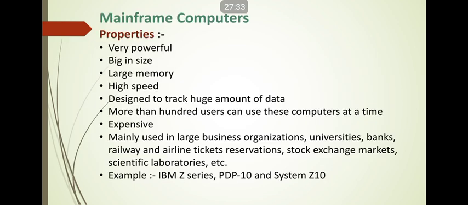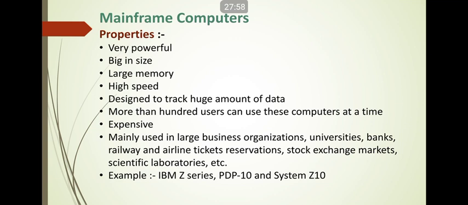Now let's go to the next one. The next category is mainframe computers. The properties of a mainframe computer: it is more powerful and bigger in size compared to the previous two. The memory storage space is also more, and processing speed is also high.